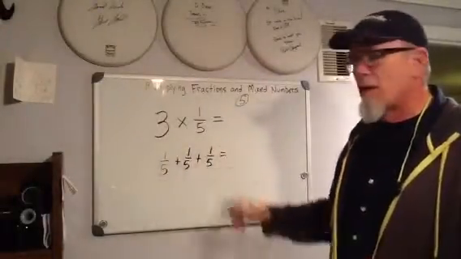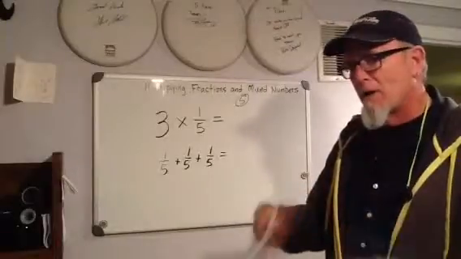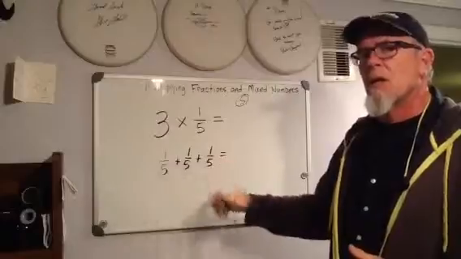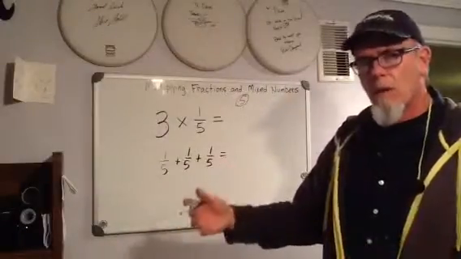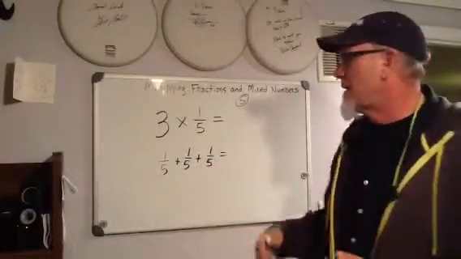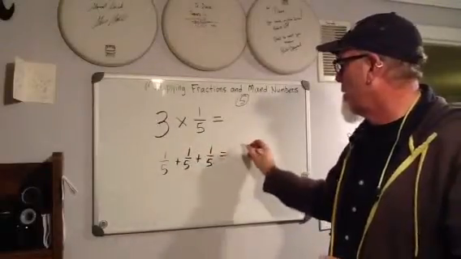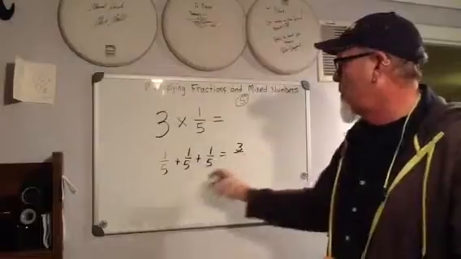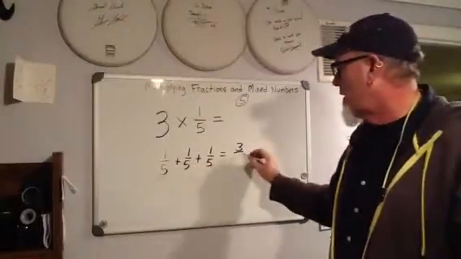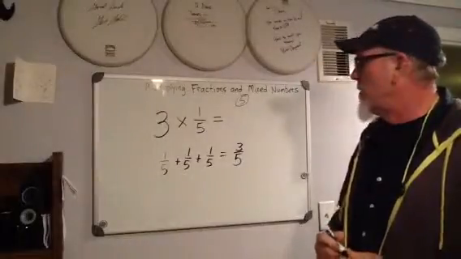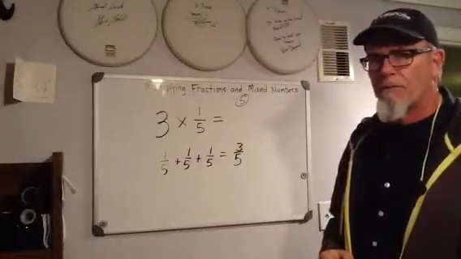We add our numerators, but we never, ever, ever, ever add denominators. This is repeated addition, which is basically a long way of doing multiplication. So 1 plus 1 plus 1 equals 3, and we do not change our denominators. So 3 times 1/5 equals 3/5.